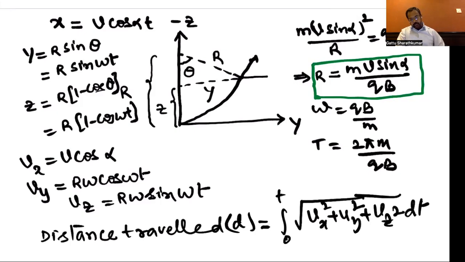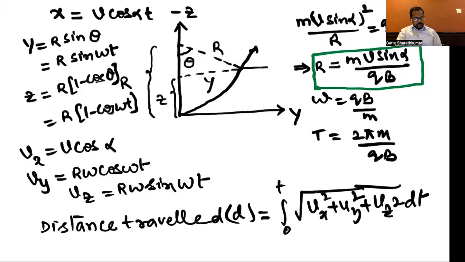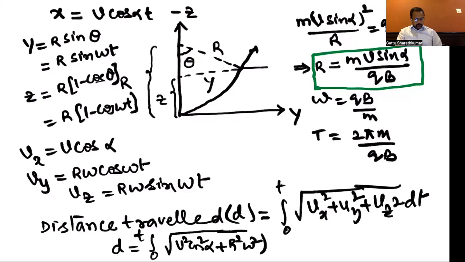So from this, we can find out the distance traveled d is equal to the integral from 0 to t of root of v squared cos squared alpha plus r squared omega squared, because cos squared omega t plus sin squared omega t we will get, which is 1. So r squared omega squared dt. This will give you the distance traveled.